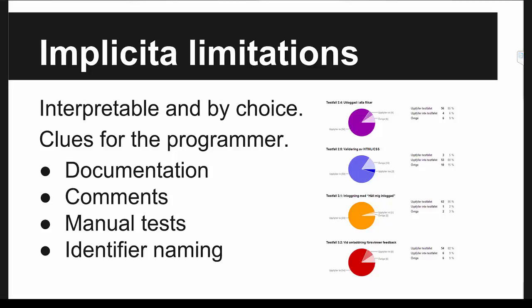So it's interpretable, and also when we put this information, it's by choice. You decide what you want to document. And you decide if you're going to have these really short identifier names, like P, or if you're going to have is prime, or is a prime number, or something like that. So you decide how much effort you want to spend on it, and what naming you're going to have.